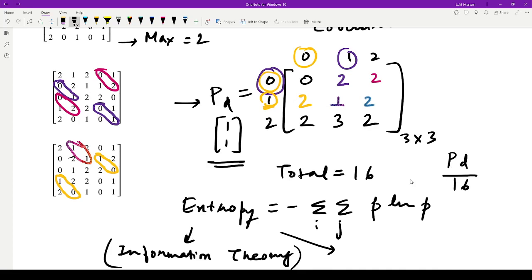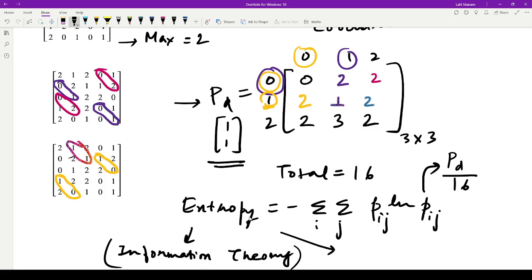In the specific case, it will be Pij, where each Pij is an element from this PD matrix divided by 16, and not the original matrix. So it actually gives you an idea of the probability distribution, and not really the exact values. So that's how you compute the information.